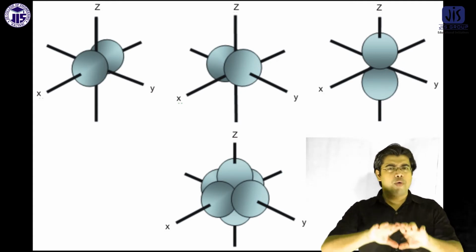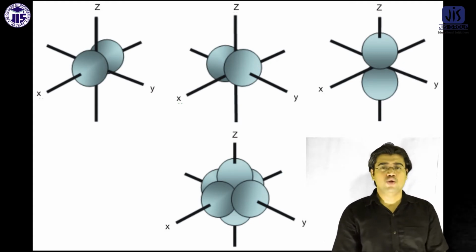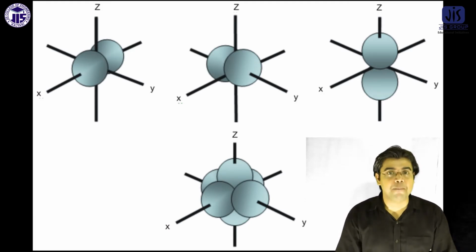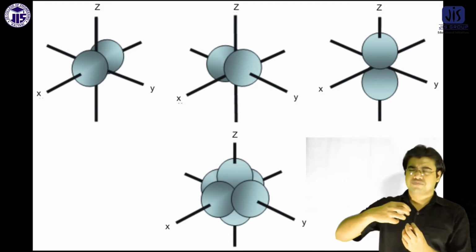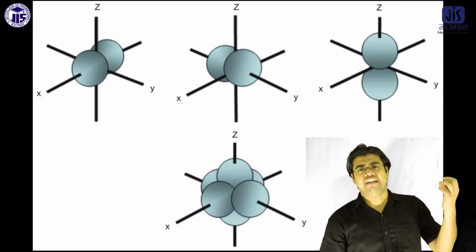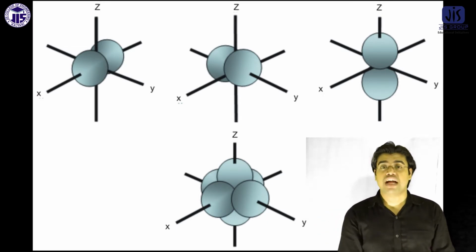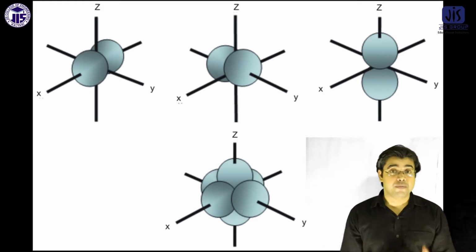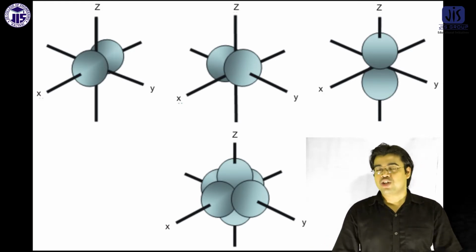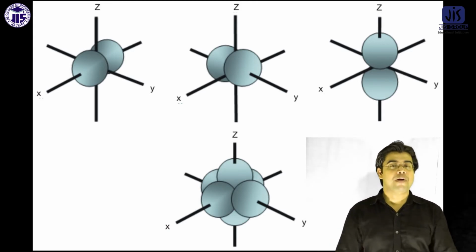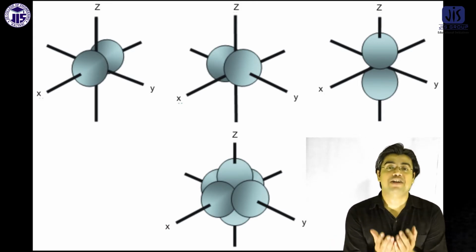The p orbitals look like a dumbbell shape. Dumbbell shape means the electron density is in two directions, the up portion and the down portion, and the middle portion is called the node, where the electron density is almost 0. So the shape of the p orbitals looks like a dumbbell.